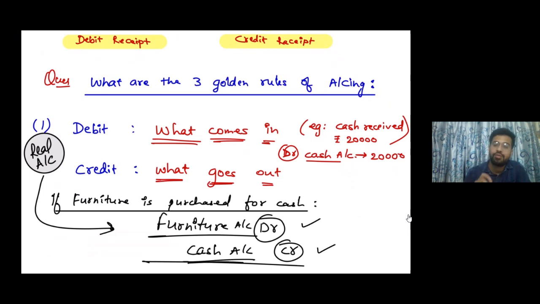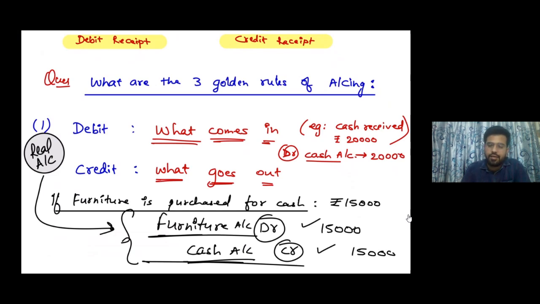As I told you, for every transaction there will be two effects: one is the debit and one would be the credit. If the amount is also given, let's say the furniture was of 15,000, then furniture account will be debited by rupees 15,000 and cash account would be credited by rupees 15,000.